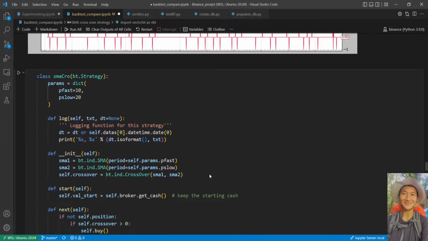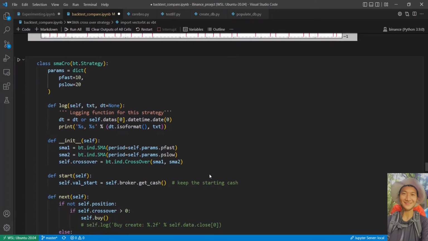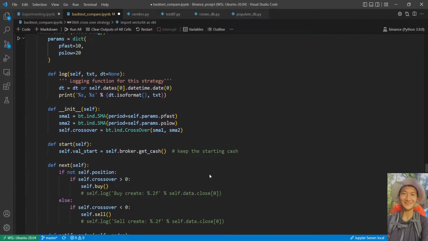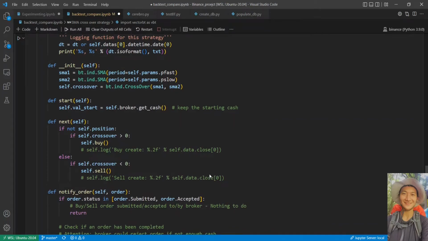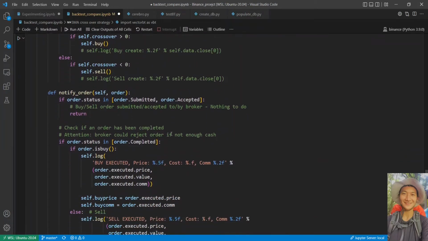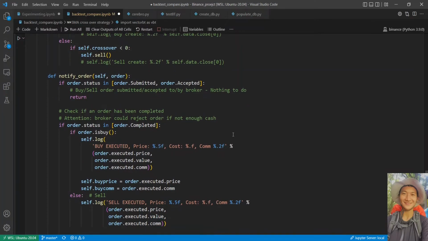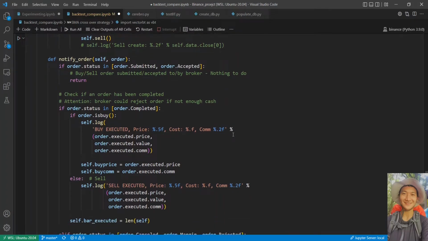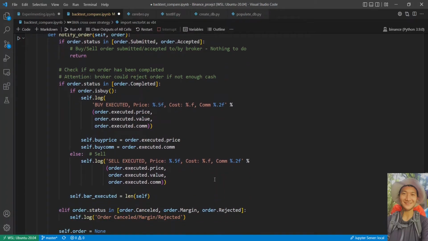So I just revise the strategy a bit, because I have to know what happened at each trade. I basically add a notify order to tell me if the trade is actually executed, and if it's not, it returns a cancelled order.